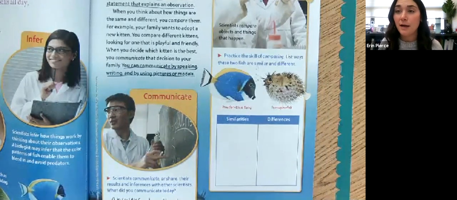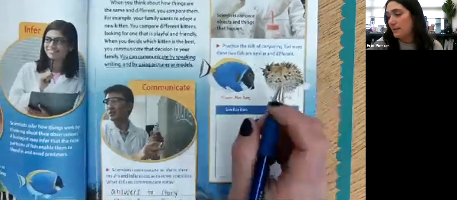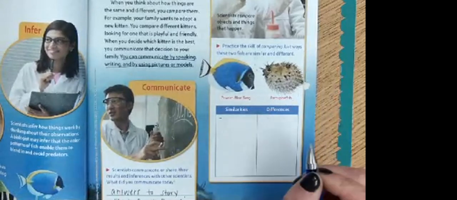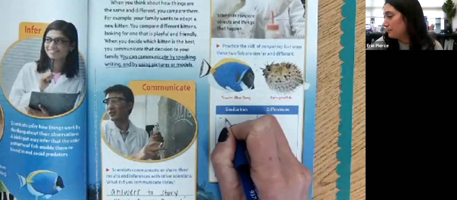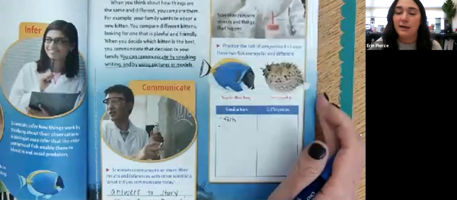I know we automatically want to think about ways that make them different, but I want you to tell me, how are they the same? William, how are they the same? What is one way? They're both fish. What about them makes them similar as a fish?